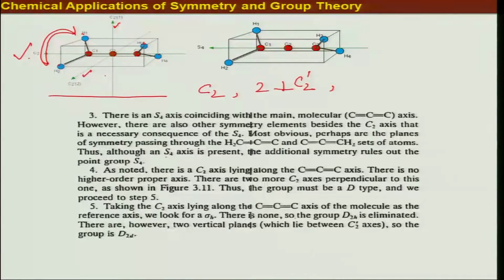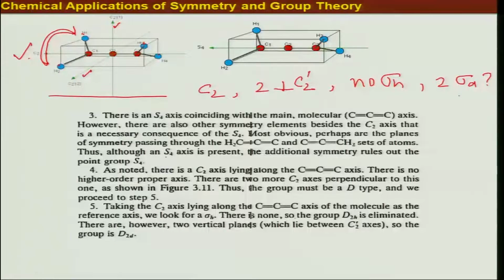So, no sigma h. But then the next question is, are there two sigma v's? Here in this case I should ask about sigma d's, because I have already seen that this belongs to the D type of point group. So the next question is, are there two sigma d's?